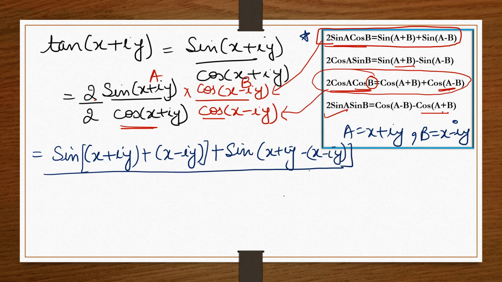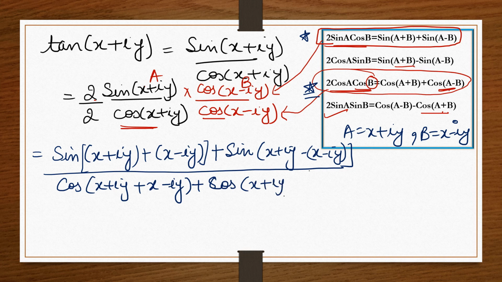Over, apply this formula now: cos(x plus iota y plus x minus iota y) plus cos(x plus iota y minus x plus iota y). Now see, these two things will be cancelled. Here these x will be cancelled. Here again this will be cancelled, and here x will be cancelled.